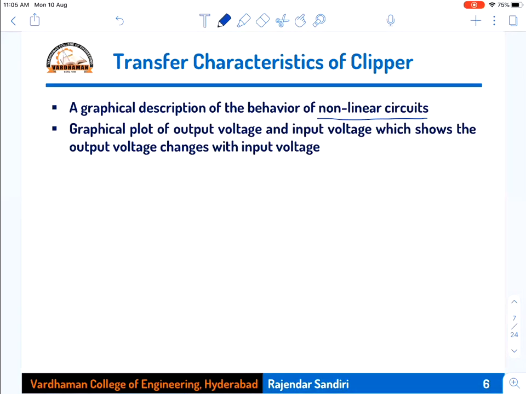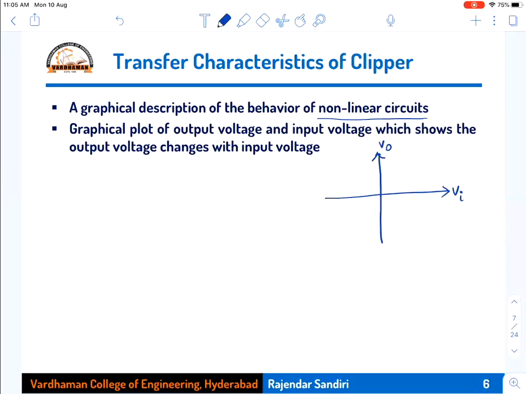That means we will take the graph like this, which has input voltage on the x-axis, output voltage on the y-axis. A graph drawn between input voltage versus output voltage, we call a transfer characteristic graph. This graph we have to draw for all the types of clipper circuits, from the equations or from the input output waveforms.